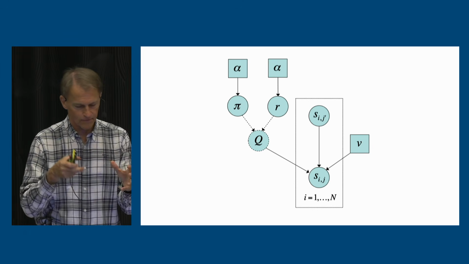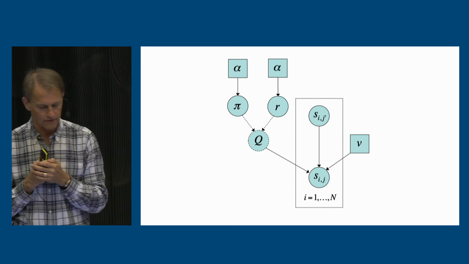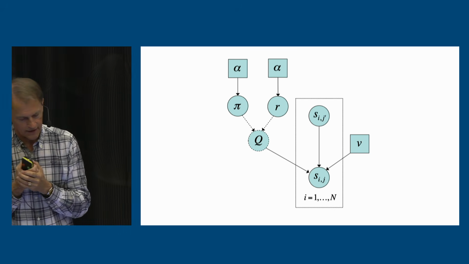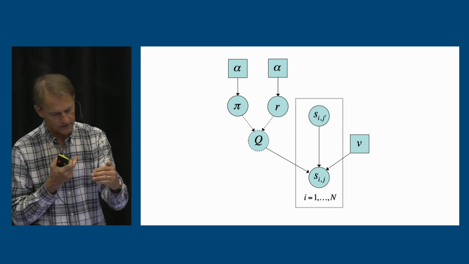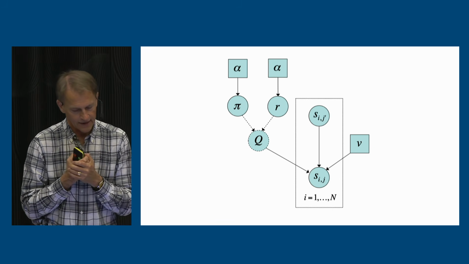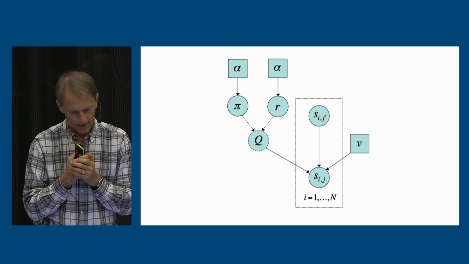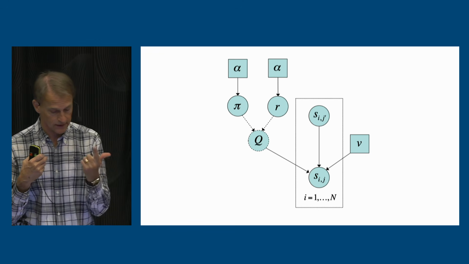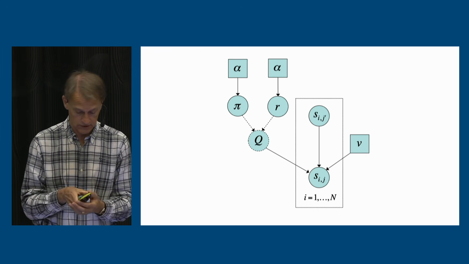And then if you're thinking about what happens on one branch in the phylogenetic tree, we have an ancestral state denoted here S_ij prime, and it evolves into the state of a descendant S_ij, and that probability distribution is determined by the instantaneous rate matrix, the ancestral state, of course, and then the branch length, which is denoted V here.